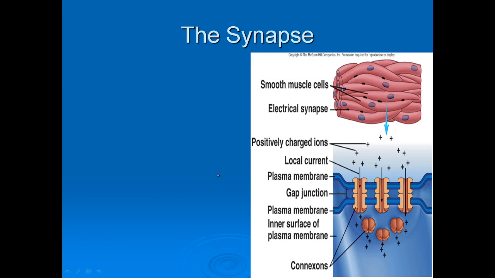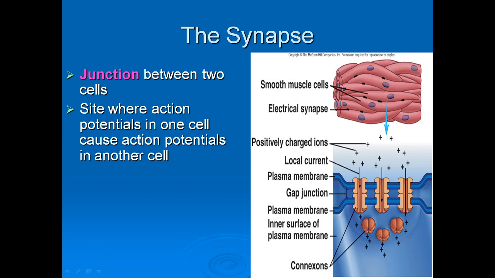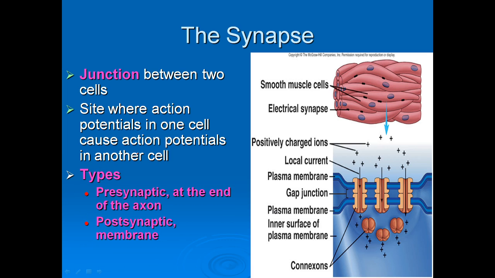Okay, so the synapse is the junction between our two cells. It's the site where the action potential in one cell has to propagate the action potential to continue on into the next cell. Remember, we have a presynaptic membrane, we have the synaptic cleft, the space, and then we have a postsynaptic membrane.